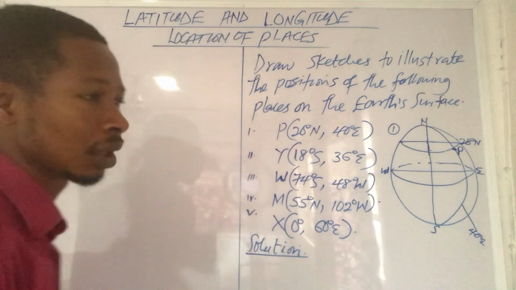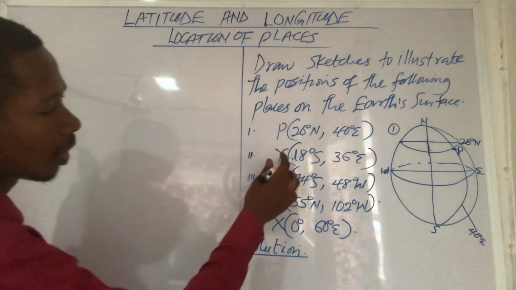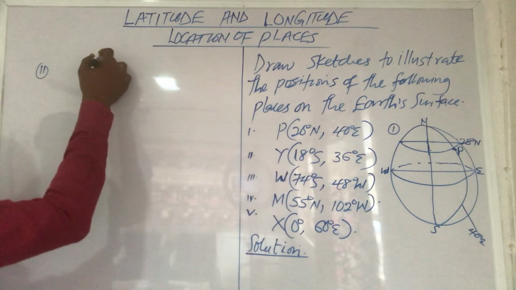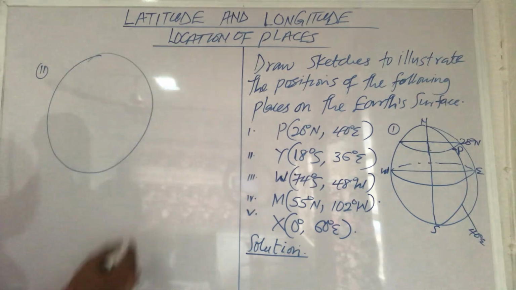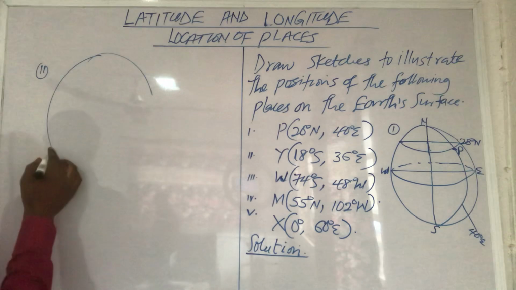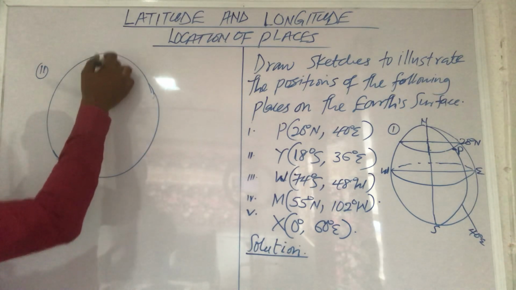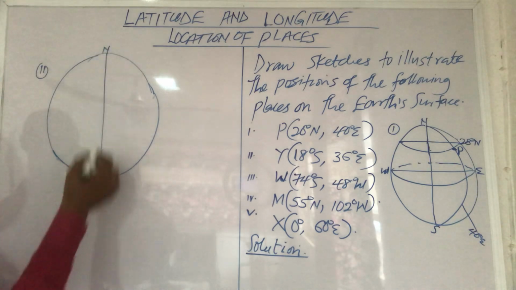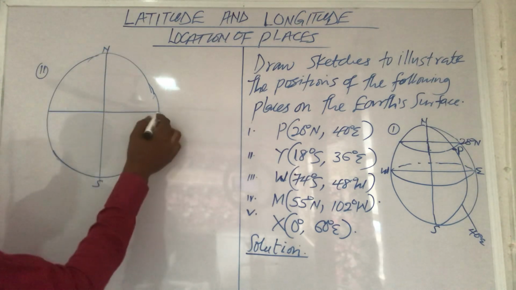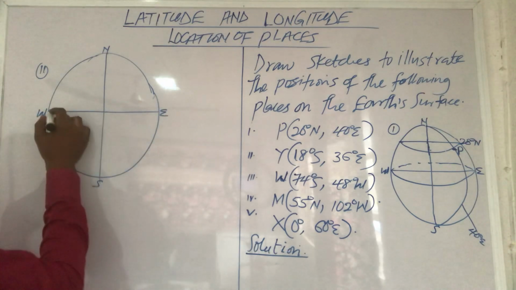Then let's look at the second example. So we want to locate Y. So let's draw a sketch of the Earth. Then you have your north and south poles, then your east and west poles, then the equator.